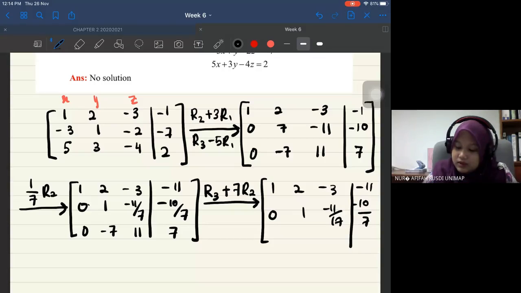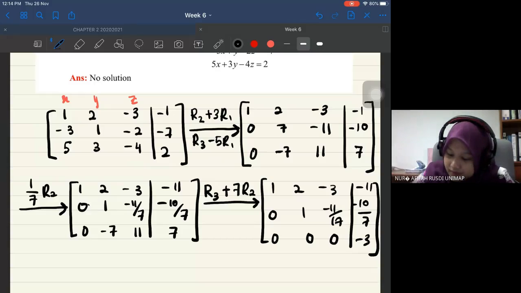For the third row here, you will get 0, 0, 0, negative 3. Right? Oh sorry. Is it negative 3 or negative 10? Negative 10, I think. If I made a mistake, tell me.